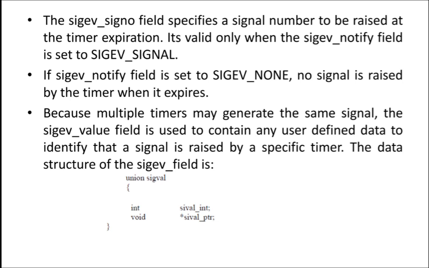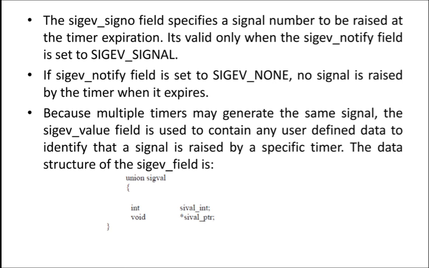For example, assume that the sig alarm signal is sent by 3 timers. So 3 timers are sending the same signal, sig alarm. At that time there will be a problem. So that's why I am going to use the sig event value field.